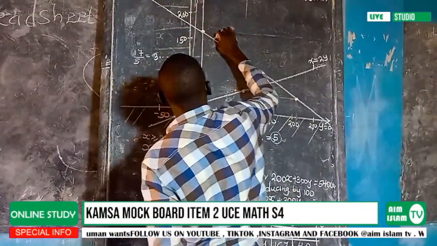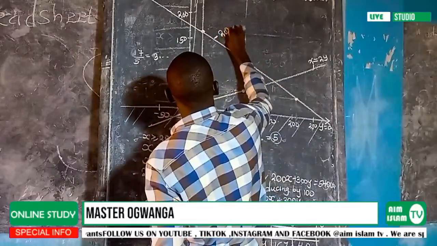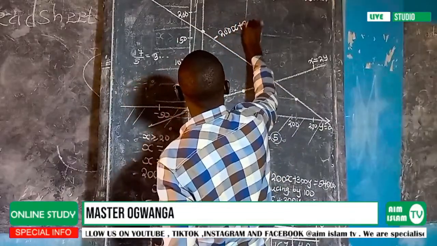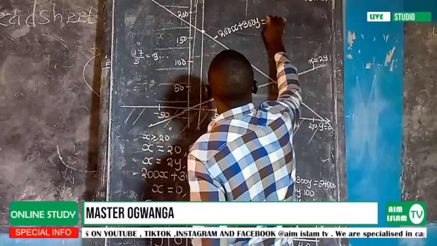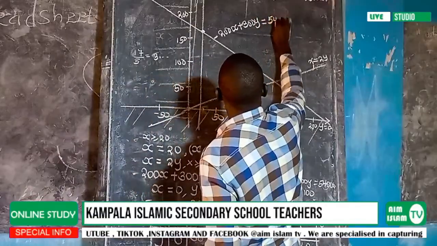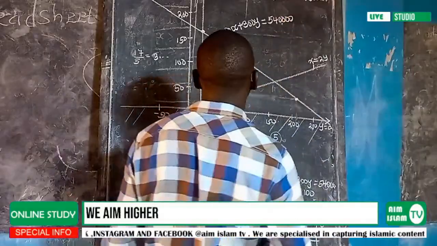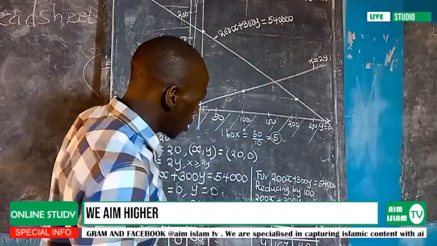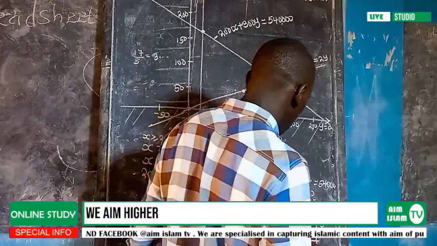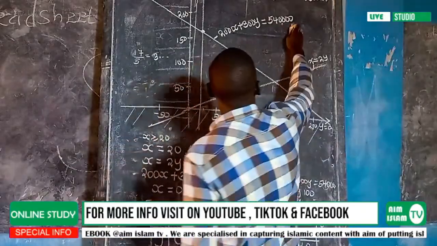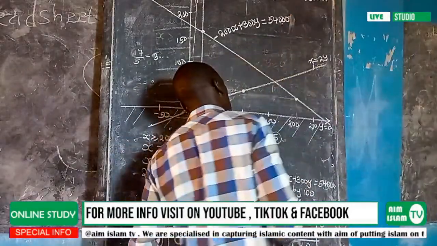So meaning this is the same as 200x plus 300y equals to 540,000. It was 54. 540 was 54.